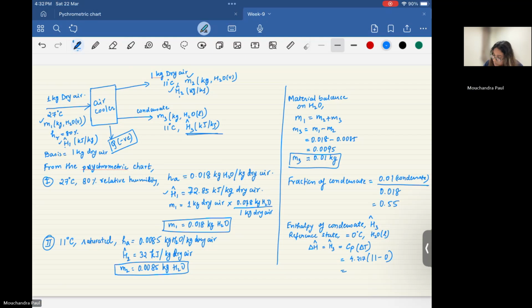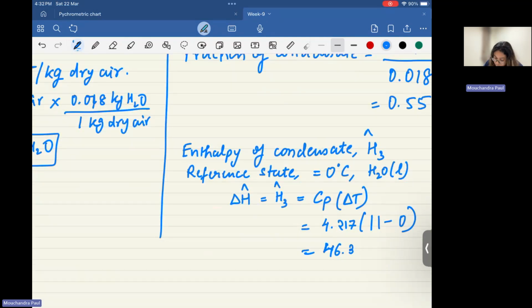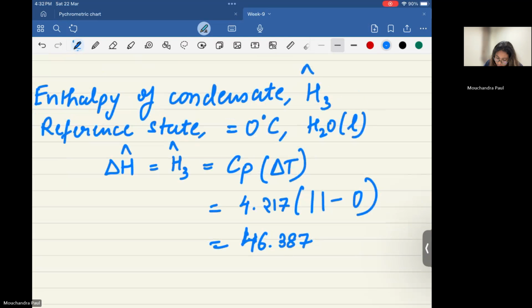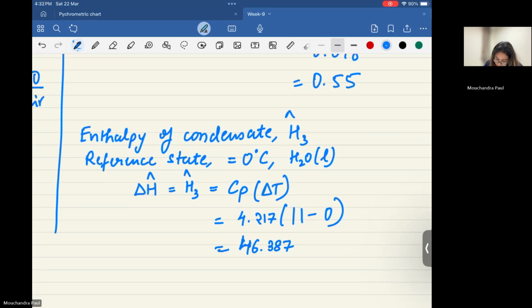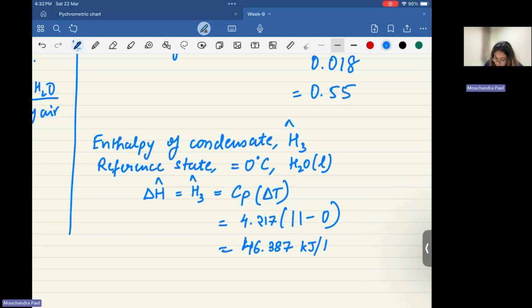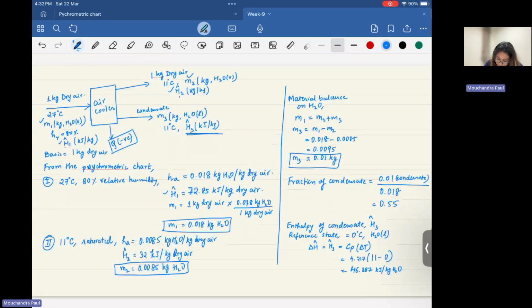That gives you 46.387 kilojoule per kg water. That is the value of H3.